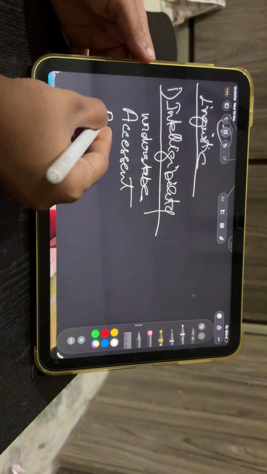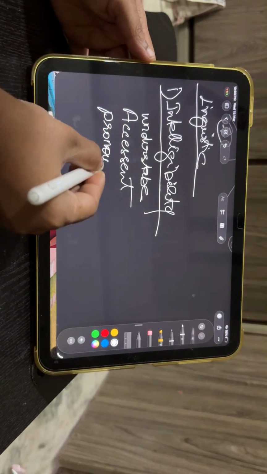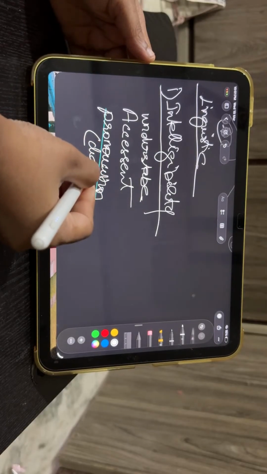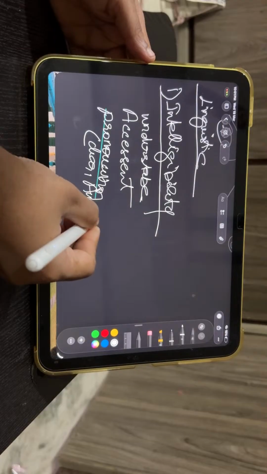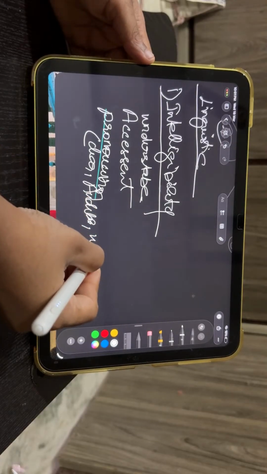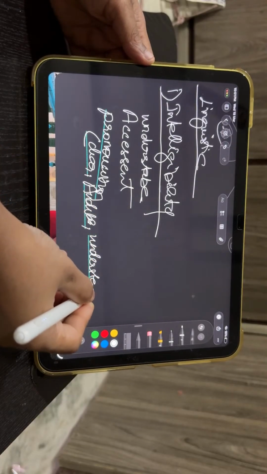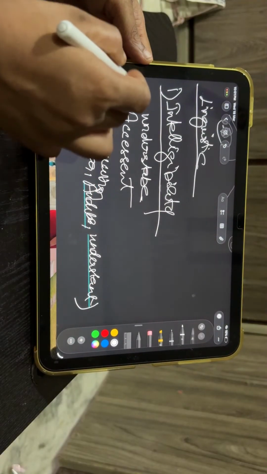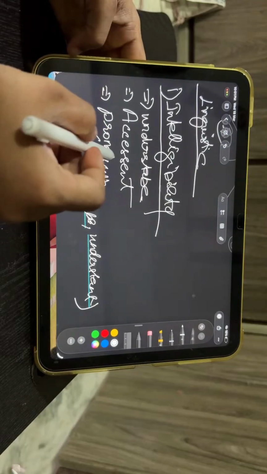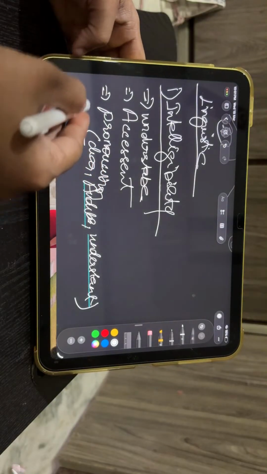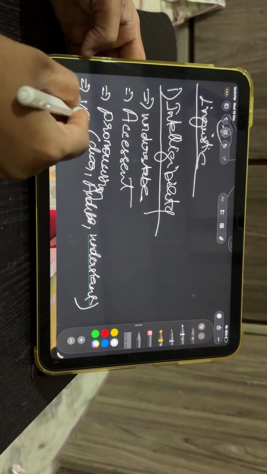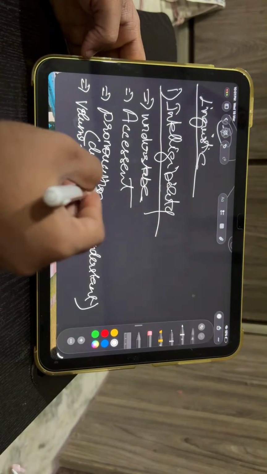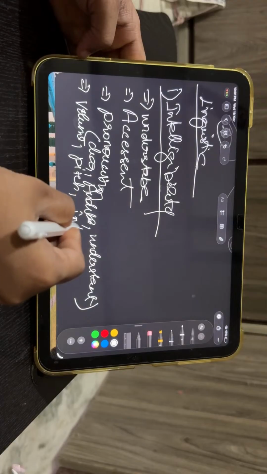The third thing is pronunciation. Your pronunciation should be clear, audible, and understandable. They will also check volume, pitch, and intonation.